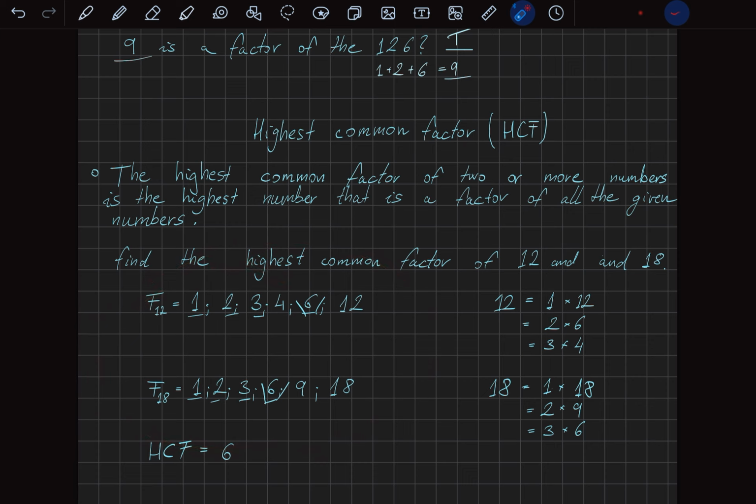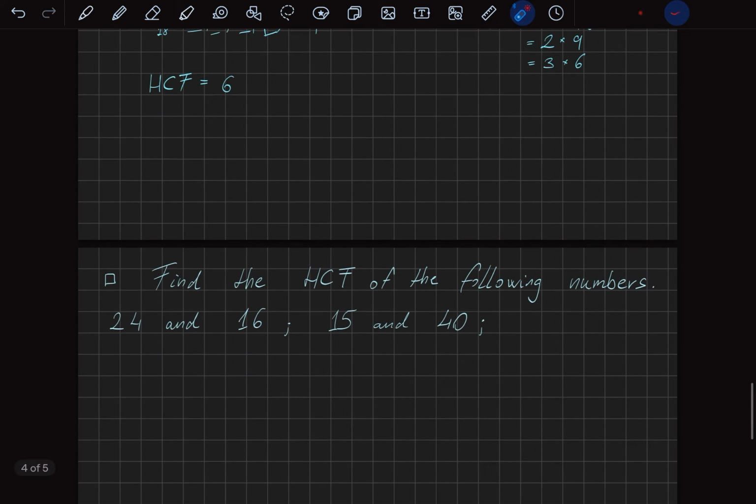Factors of 12: 1, 2, 3, 4, 6, and 12. Factors of 18: 1, 2, 3, 6, 9, and 18. You can see I marked the common factors, and the highest common factor is 6, because 6 is the highest number that can divide 12 and 18.